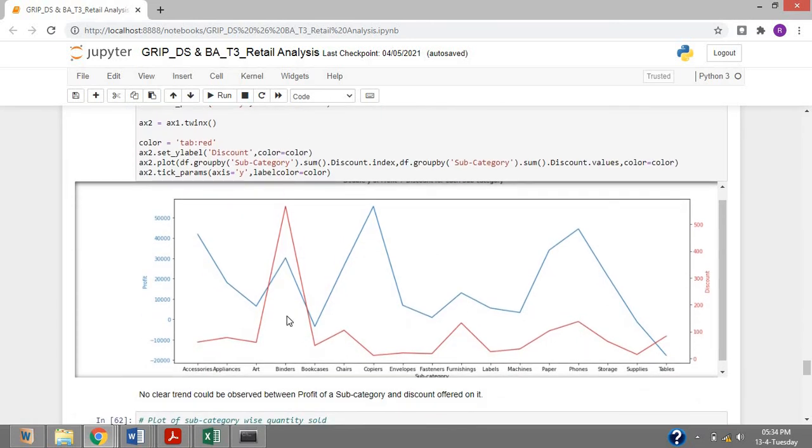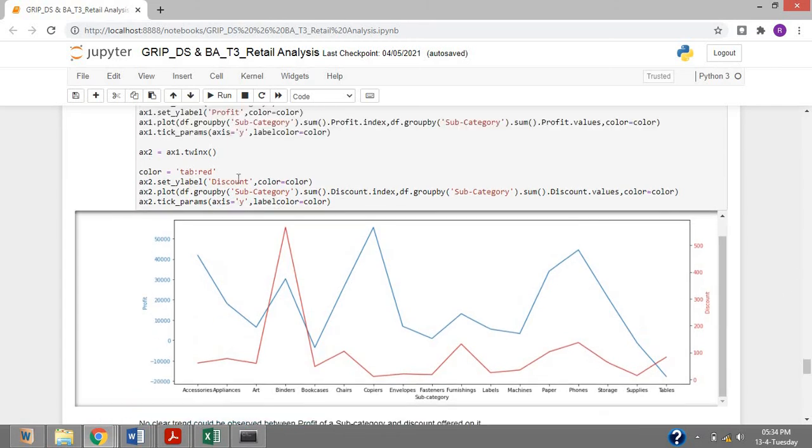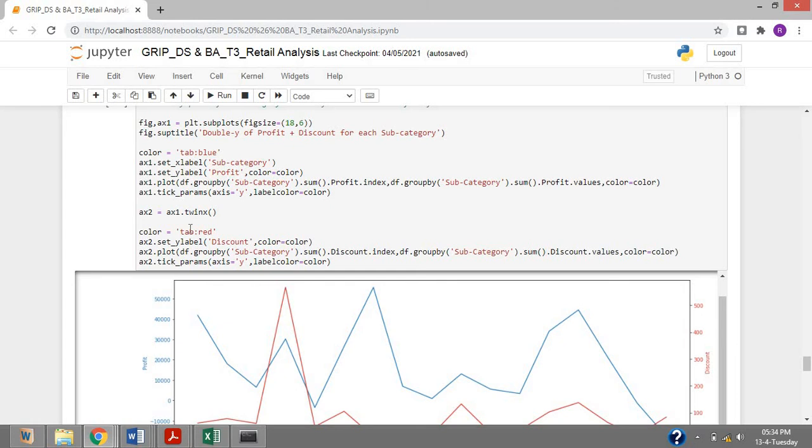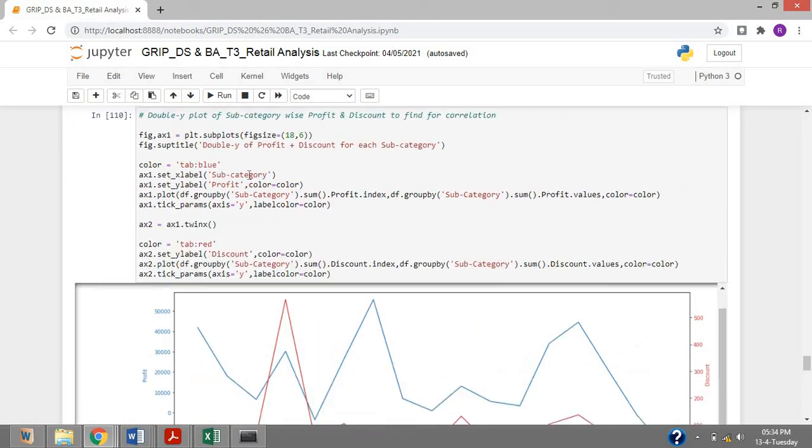In the double Y plot, the x-axis for both the plots will be the same, while we have two different y-axes. On the first axis we are plotting the profit. So group by subcategory, using the dot sum method, and then profit, calling out the index and the corresponding values. We specify a particular color so that individual plots can easily be distinguished.